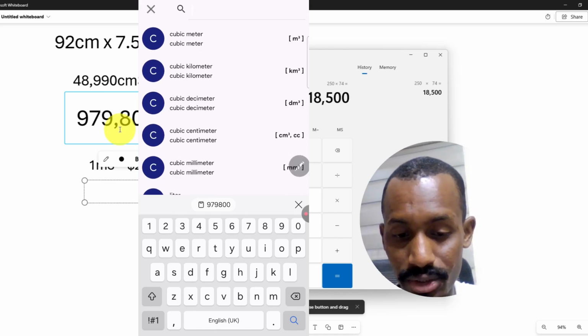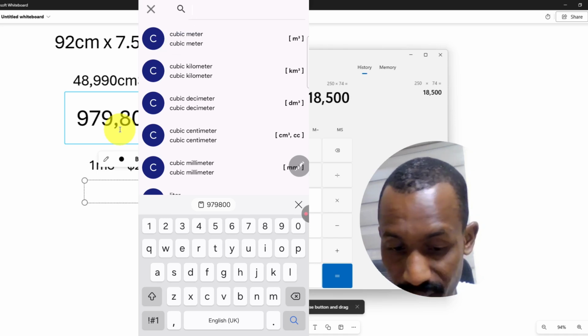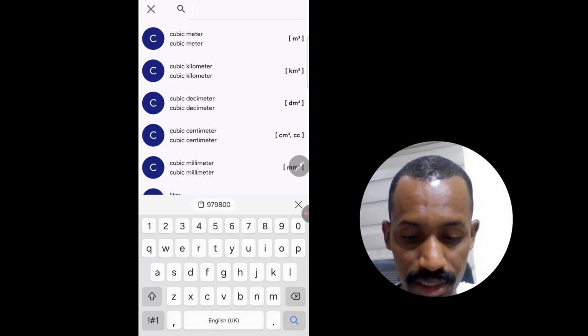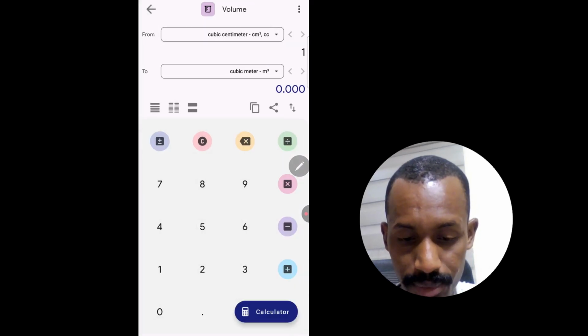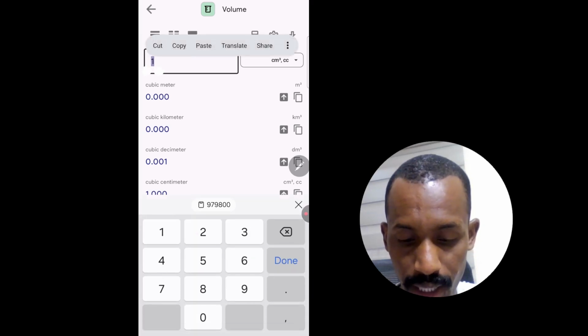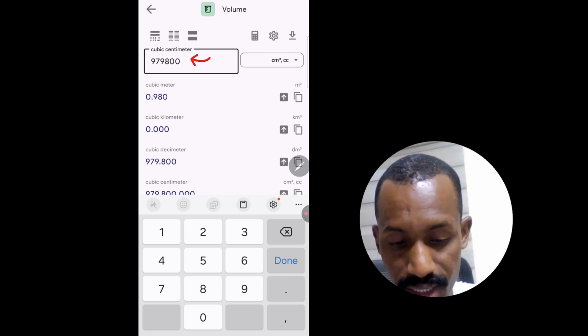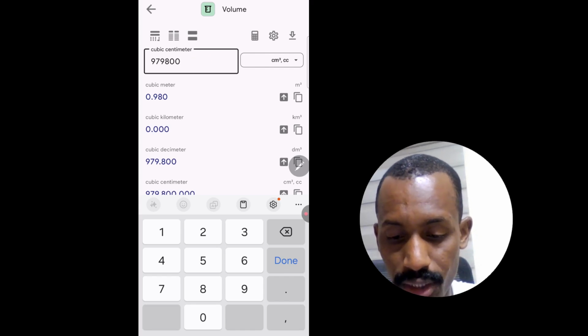The unit converter shows you all the units of conversion. You can even search them here using the search button. Here what we have first is cubic centimeters. That's what we copied, right? So I copy it here, 979,800 cubic centimeters.